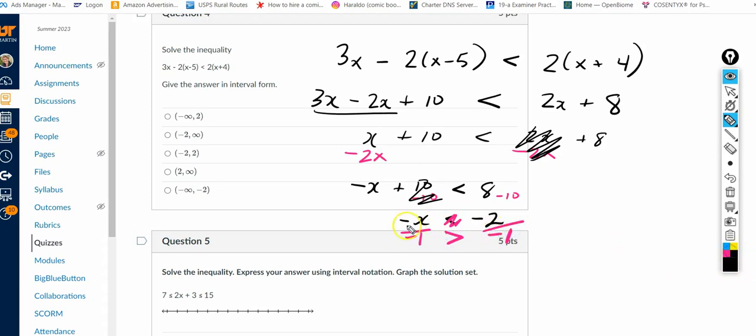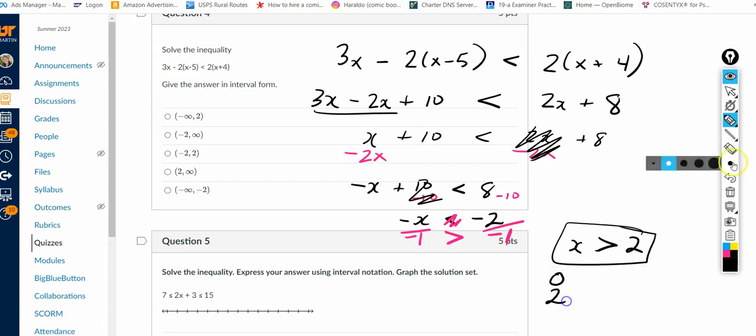And so what we have next is the negative signs cancel. And the negative signs cancel here. And this is my answer. Now this is a correct answer, but we need it in interval form. So what would it look like on the number line? Well, I would start at 2, but we do not include it because of the symbol.